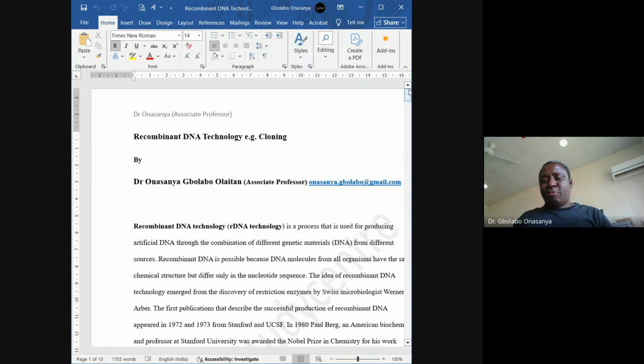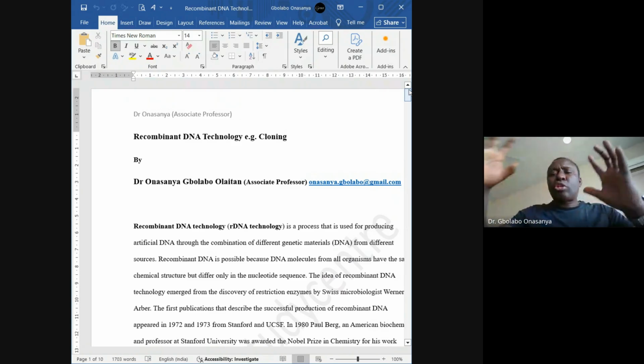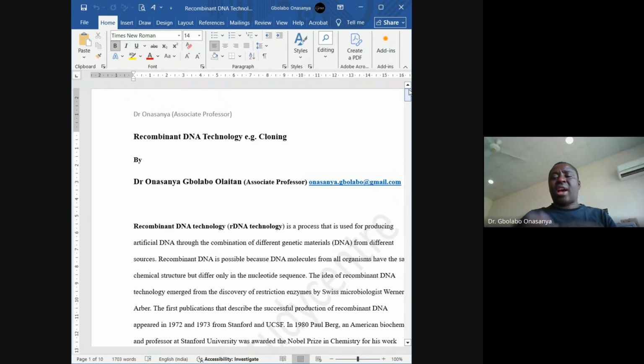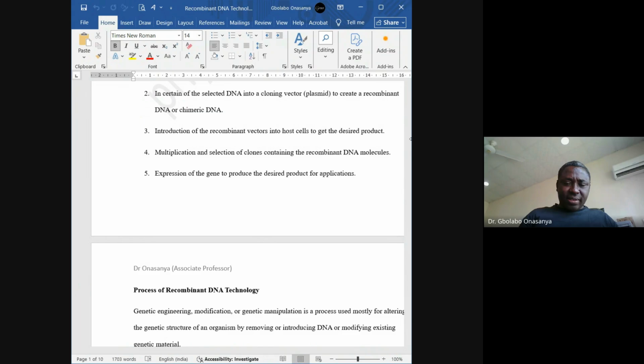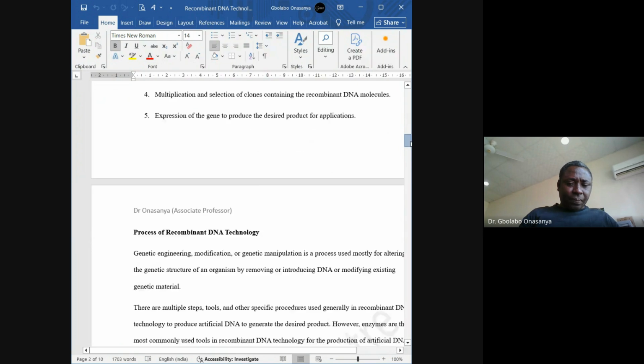Whether genetic engineering is a gene modification process or a gene manipulation process, all is to create a transgenic organism. You can do this either by traditional genetic engineering or modern genetic engineering. Am I speaking sense? Fantastic.